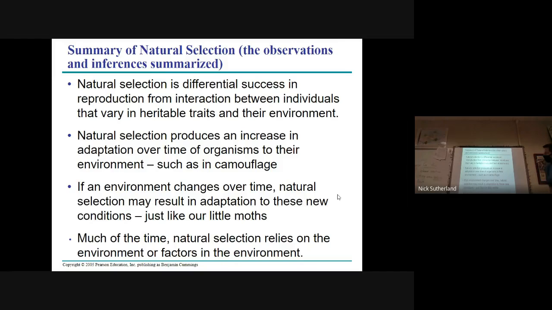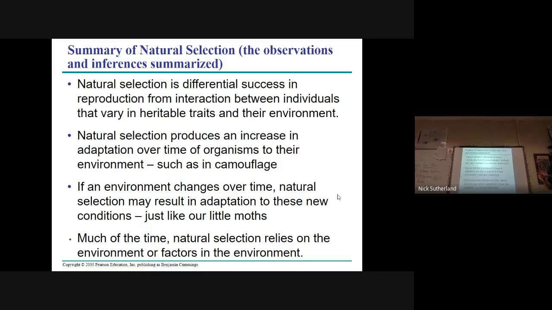The quote-unquote definition of natural selection is the first thing we see there. Natural selection is differential success in reproduction from interaction between individuals that vary in heritable traits and their environment. That's like all of Darwin's observations and inferences put into one statement.